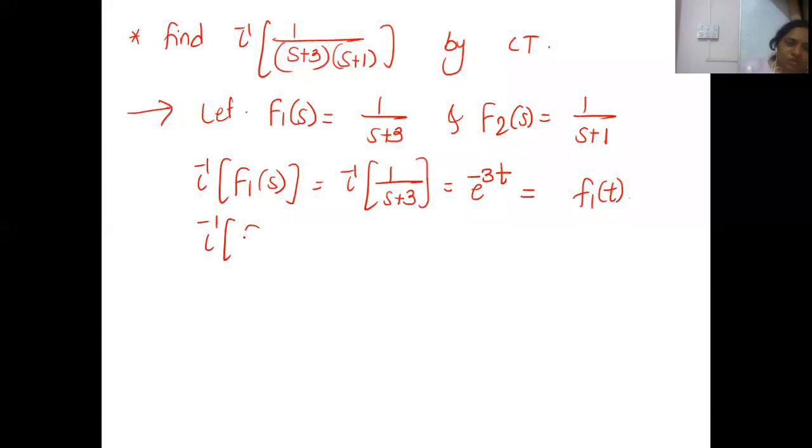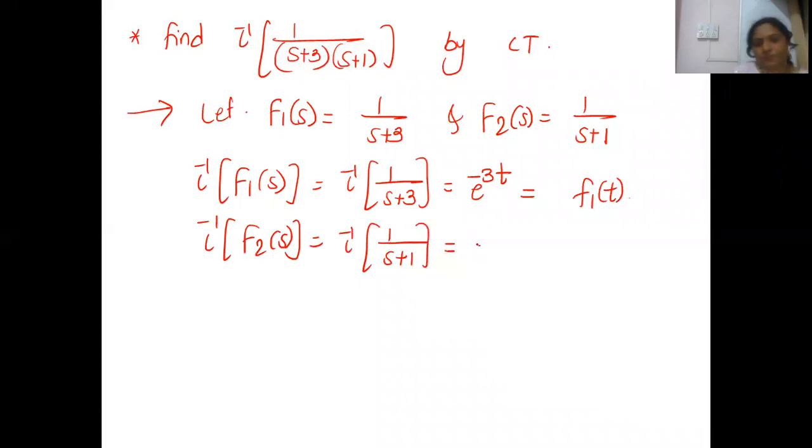Second, Laplace inverse of F2(s) is Laplace inverse of 1 upon s plus 1. What is that? E raised to minus t. Correct. Call it F2(t).